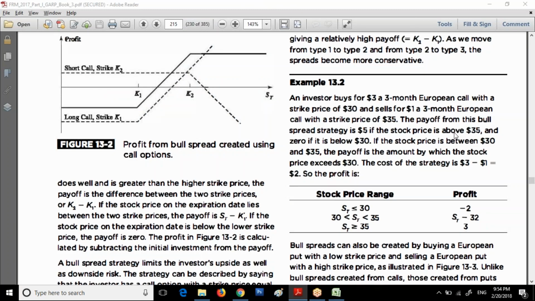Let me explain to you the payoff chart. So take the pen here, and you can see here the short call payoff is created by this dotted line.